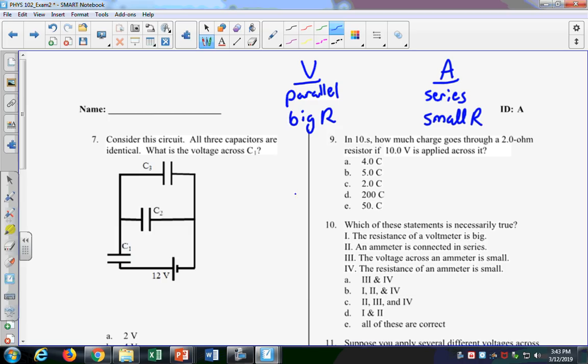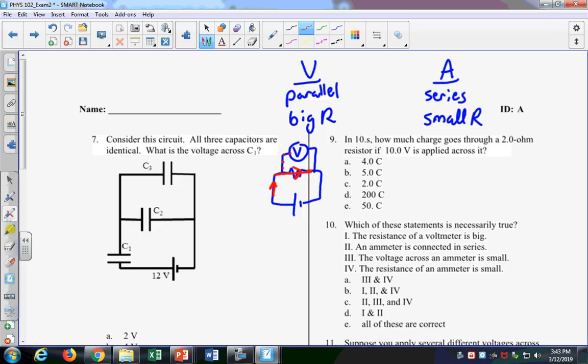For example, when I hook up a voltmeter like this, because it has such a big resistance, thousands and thousands of ohms, when my current comes along here, most of my current goes through there. I just get a little dribble of current that goes through my voltmeter, because the resistance is so big. That's why you hook it up in parallel. It doesn't impact the circuit very much.